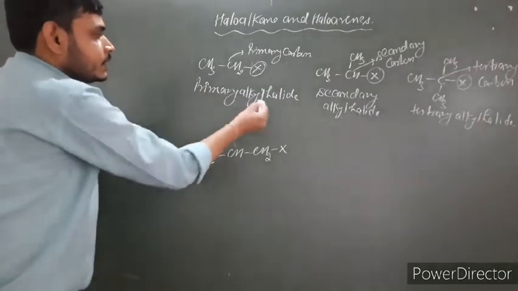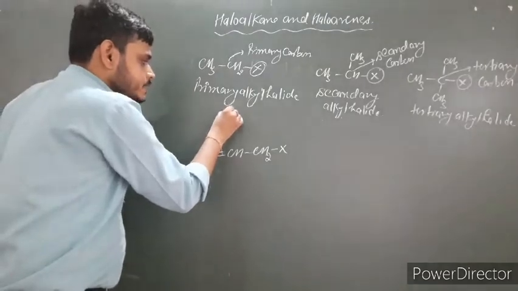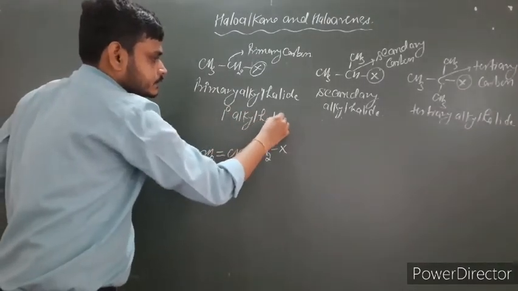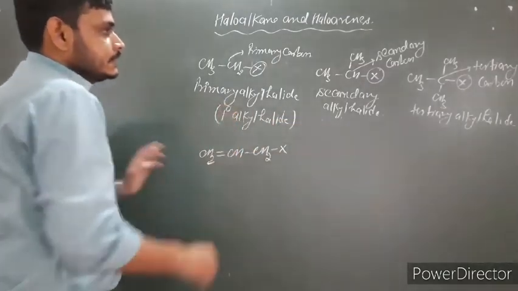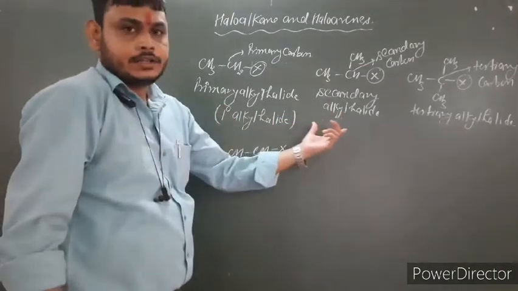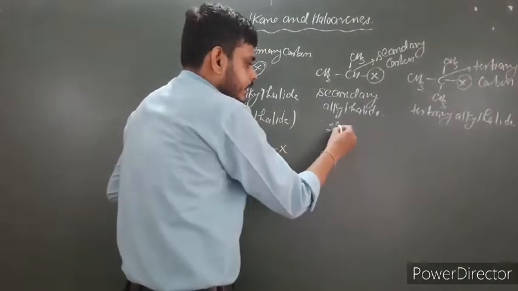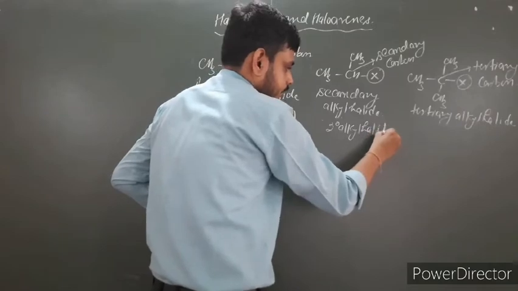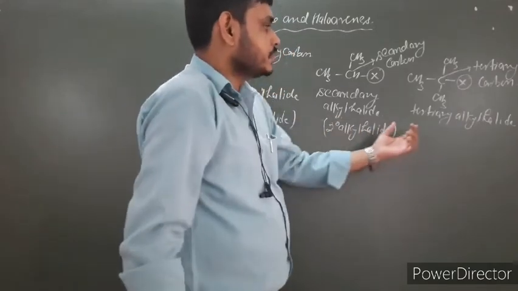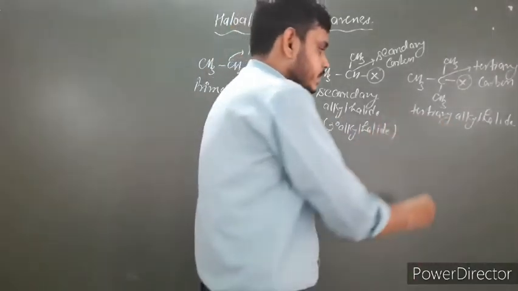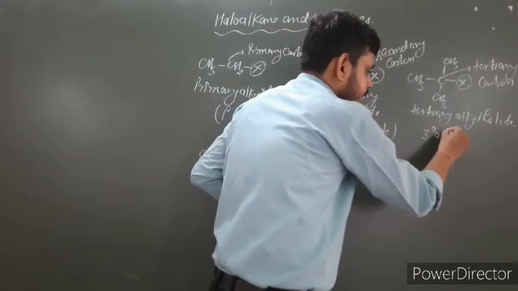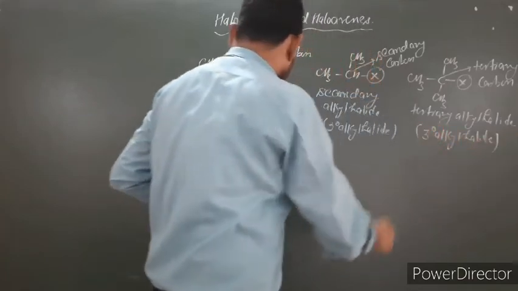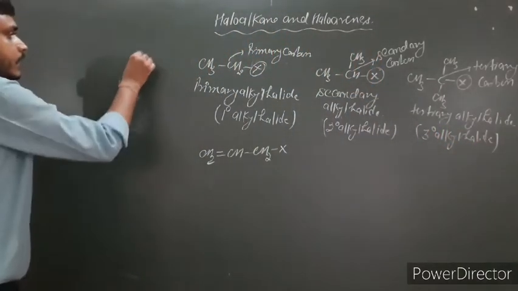The primary alkyl halide is also known as first degree alkyl halide. Secondary alkyl halide is also known as second degree alkyl halide, and tertiary alkyl halide is also known as 3 degree alkyl halide. Now this is the alkyl halide.